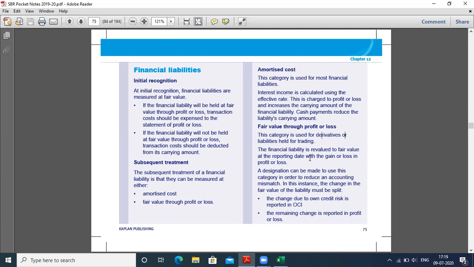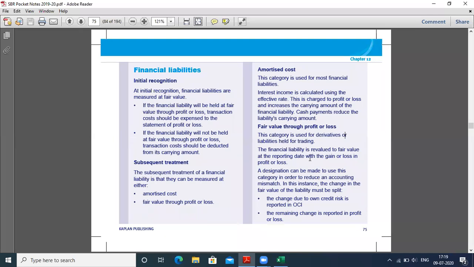It means according to the fair value method, that particular financial liability should be revalued according to fair value. So whatever rate prevails in the market, according to that rate, it should be valued. If there is any gain or loss in the process of this revaluation, that gain or loss will be shown in the statement of profit or loss account.